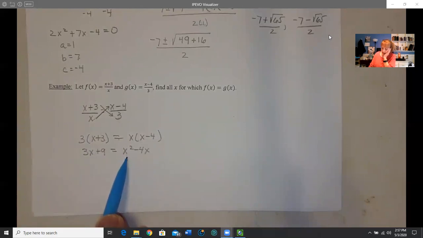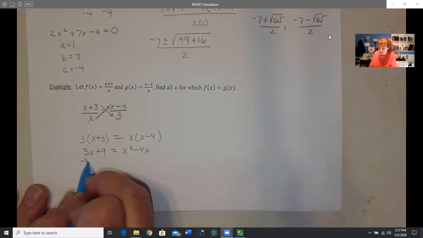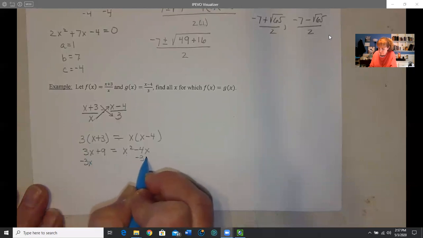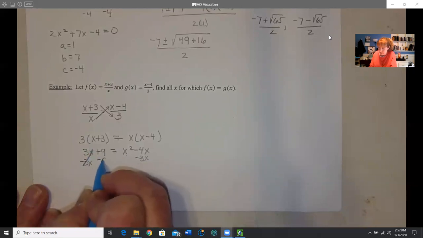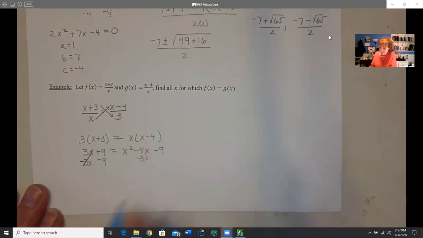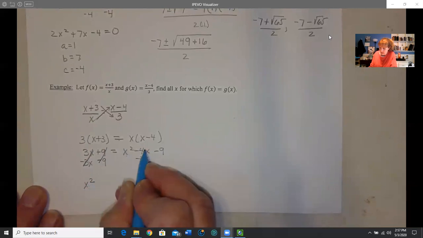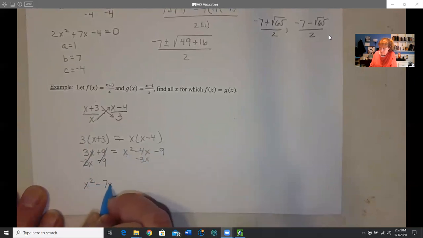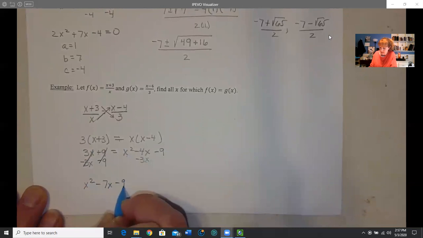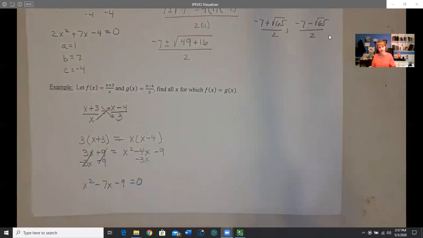So I'm going to keep it here, and I'm going to move these two over. So this gives me a minus 3x, and then a minus 9, equals 0. So I have x squared minus 7x minus 9 equaling 0.